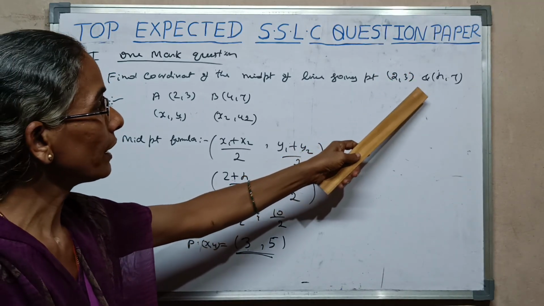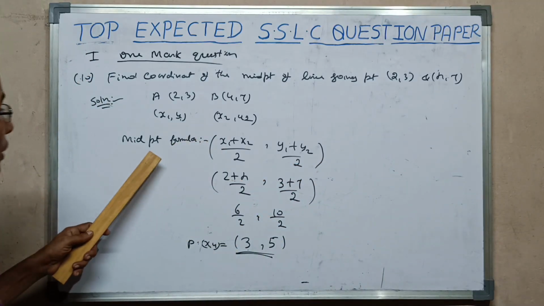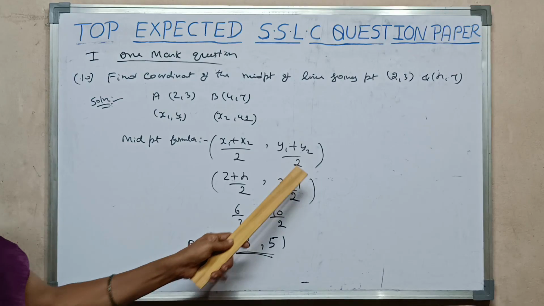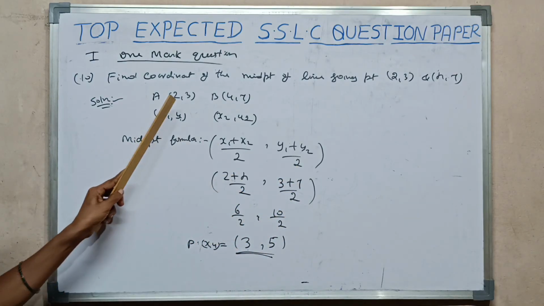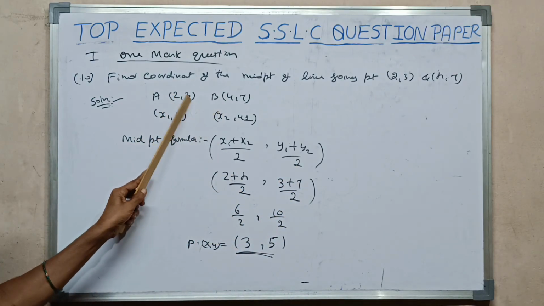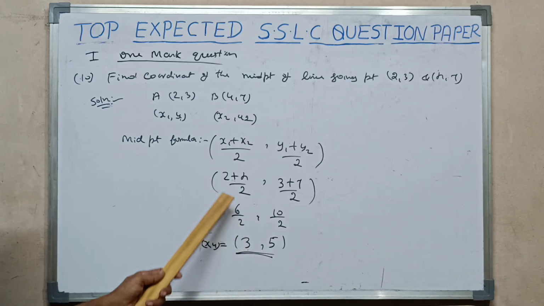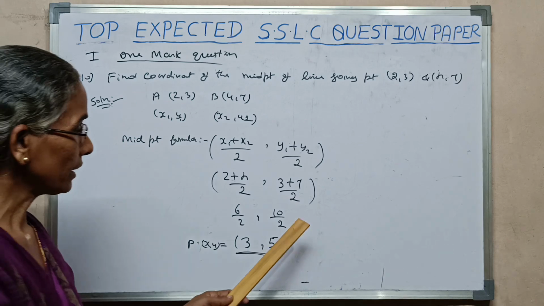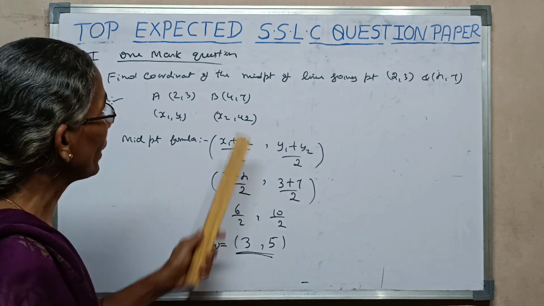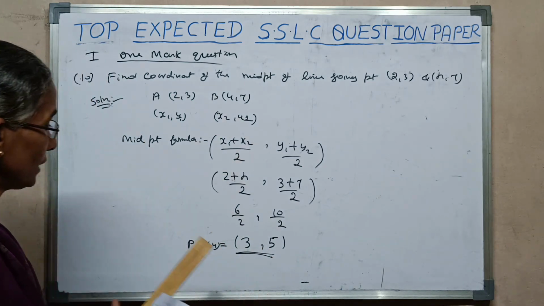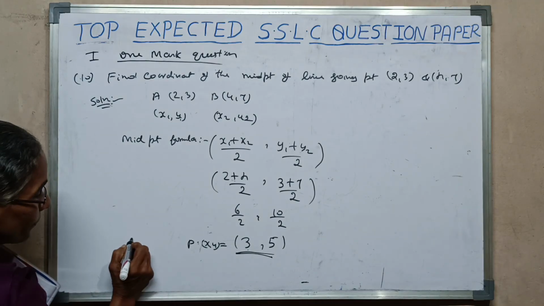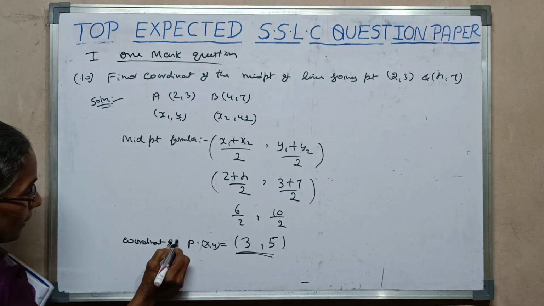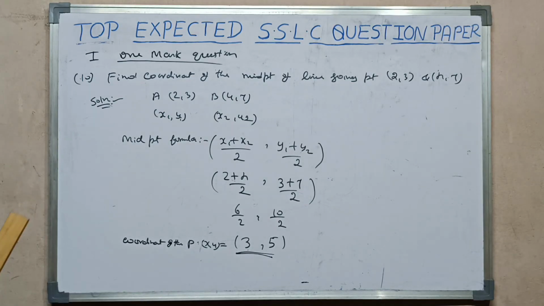The midpoint formula is (x1 plus x2) divided by 2, (y1 plus y2) divided by 2. x1 is 2, x2 is 4, y1 is 3, y2 is 7. So 2 plus 4, 6 divided by 2 is 3, and 3 plus 7, 10 divided by 2 is 5. So the coordinates of the midpoint are (3, 5).